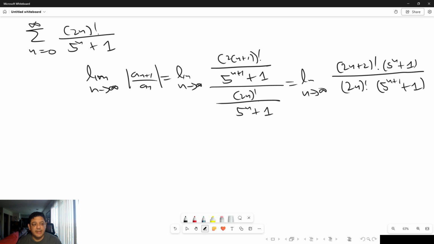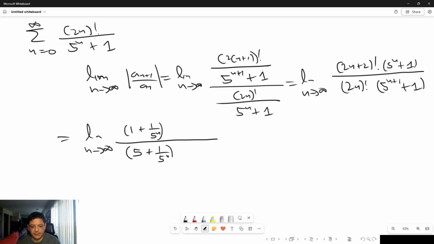As you saw me do this trick on the previous limit, you can probably guess then we're going to divide by 5 to the n for these terms, and that is true. And so what we're getting here is just 1 plus 1 over 5 to the n. And on the bottom for this term, we're going to get 5 plus 1 over 5 to the n. So notice that 5 to the n just cancels out the 5 to the n, and we're going to get a 1 over 5 in there.